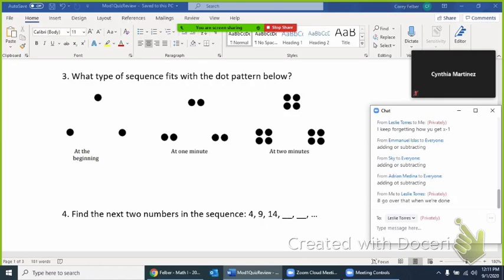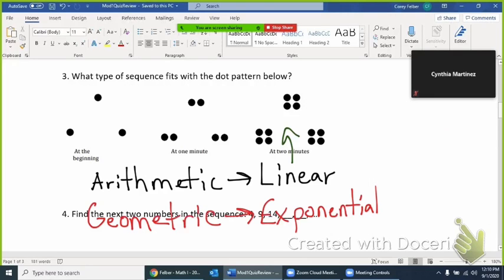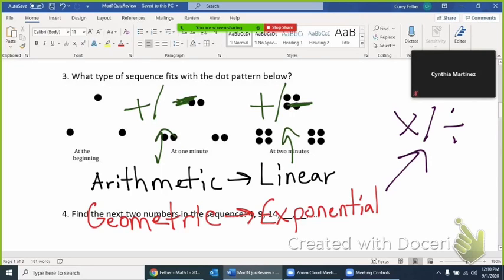Adding or subtracting, good. So linear is adding or subtracting. That means arithmetic is adding or subtracting, they're like the same thing. So then that means that exponential must be multiplying or dividing. So multiplying or dividing is the geometric one.